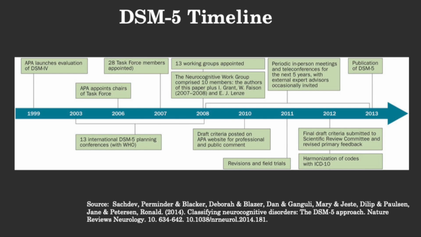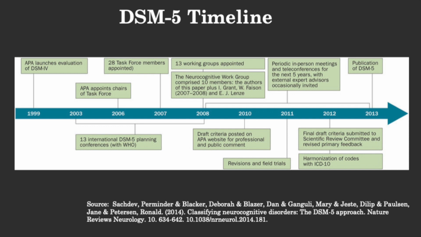Okay, so the DSM-5 gets its own timeline, and looking at this timeline and all the things that happened from 1999 to 2013, you'll see why, because this is the way the DSM is updated nowadays, and this is why I don't expect to see a DSM-6 anytime soon.